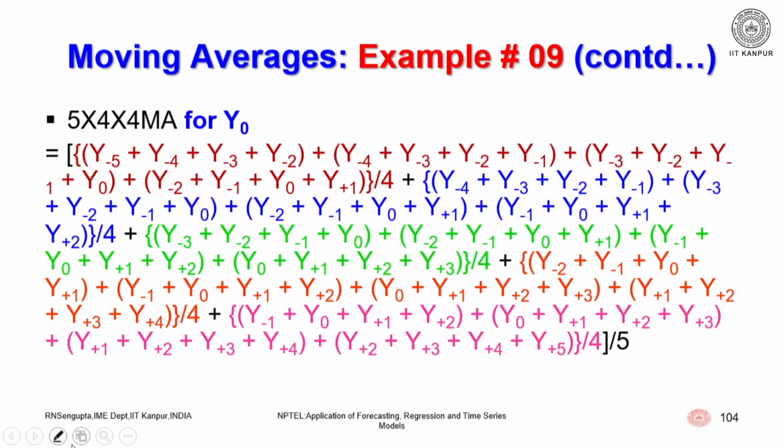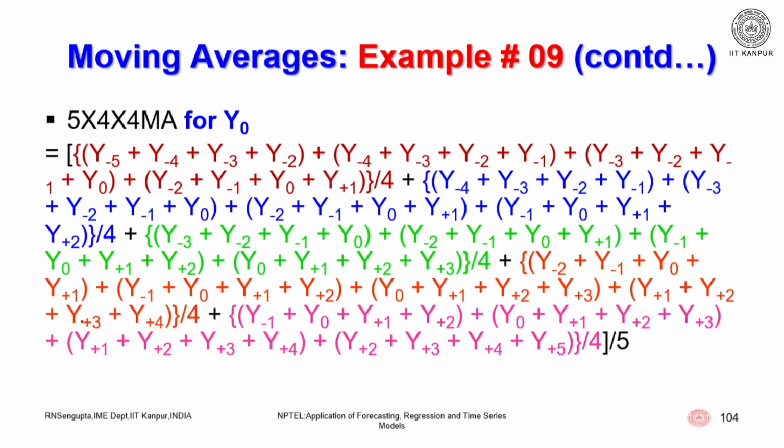Again you are taking the forecast value corresponding to the fact that you want to find out y naught. Now, let us consider the first 4 blocks, colored accordingly.